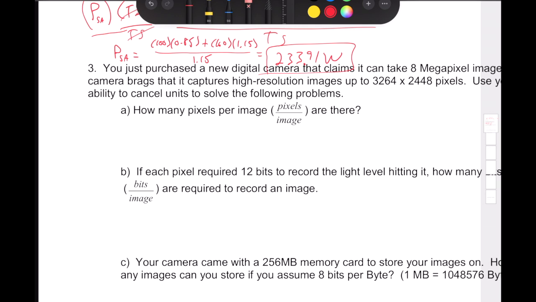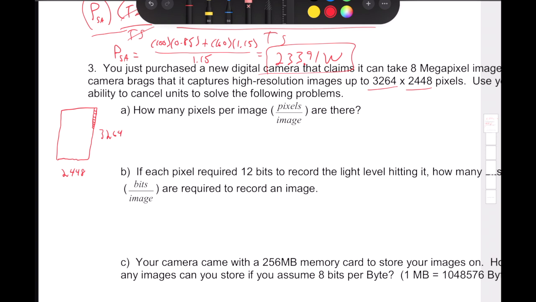Well, it tells us each image takes pictures in a rectangle. The long edge is 3264, and the short edge is 2448 pixels by pixels. So just the same way as if this was the area of a backyard and we were looking for square feet or square meters, we're just going to take pixels times pixels, and that'll give us how many pixels are in the image.